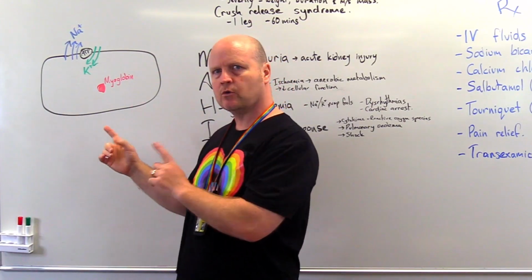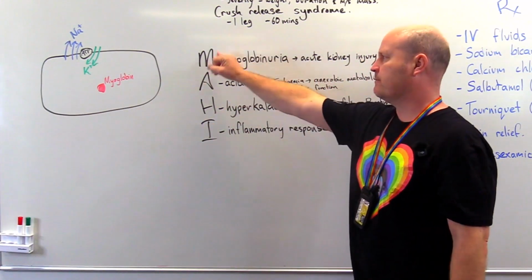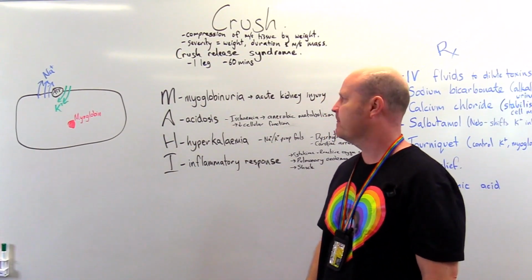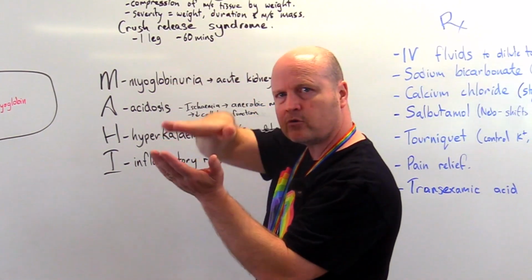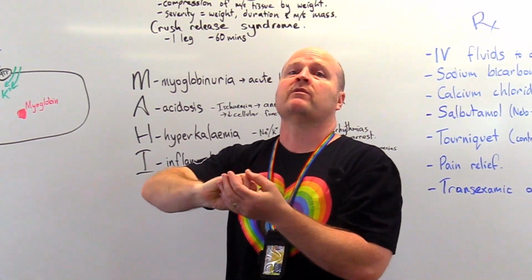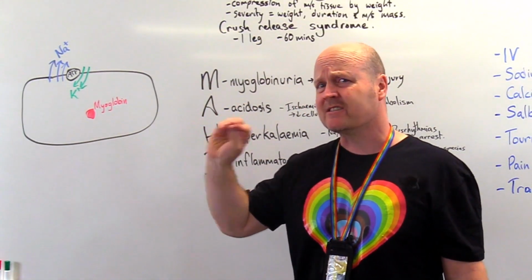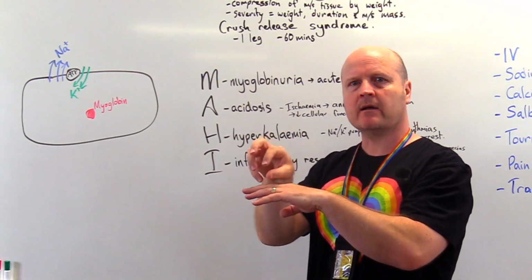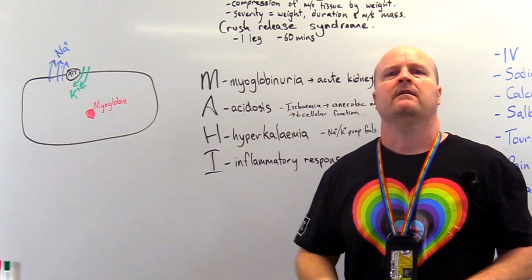Okay, gorgeous. So now if we have a crush injury, the thing to remember is mahi, because we've got a lot of work to help keep this person safe. So what happens? We get myoglobinuria. Once we've crushed the muscle tissue, the cell membrane is going to get destroyed and we're going to release those myoglobin molecules out into the bloodstream. While the crush is there, that might be contained, but when we release, all that myoglobin is going to flood into circulation, and then it's going to end up in the kidneys.